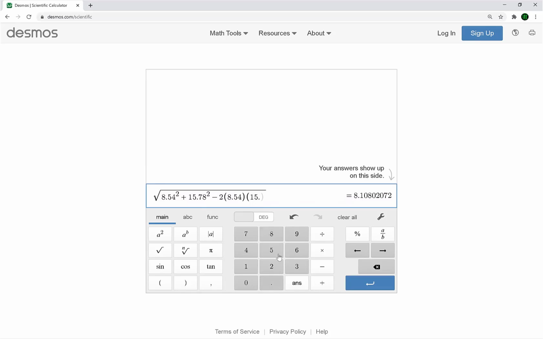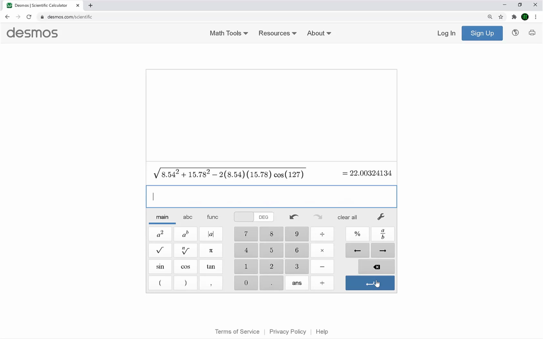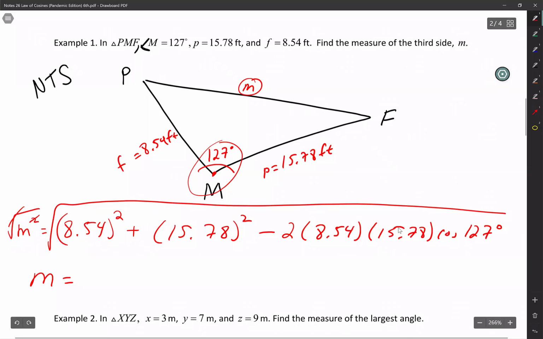Times 15.78, close it, and then cosine of 127, and close it. And there it is, guys. They gave me 2 digits of accuracy, so 22.0022. So I'm just going to go back to this. Little m is 22. Put feet when applicable. Feet.